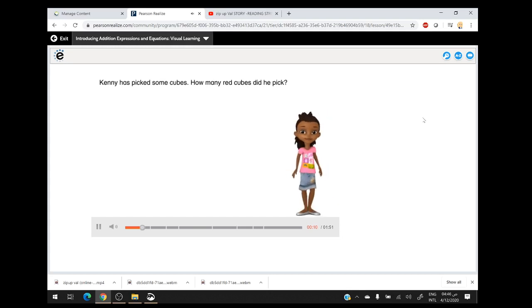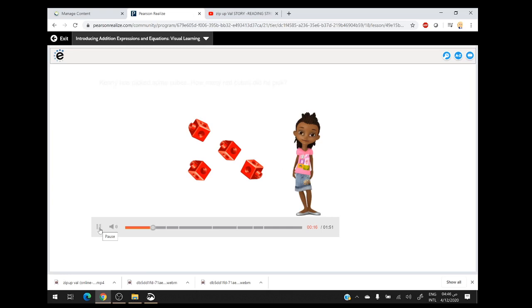Kenny has picked some cubes. How many red cubes did he pick? Kenny picked 4 red cubes. How many blue cubes did he pick? He picked 2 blue cubes. How many cubes does he have in all?